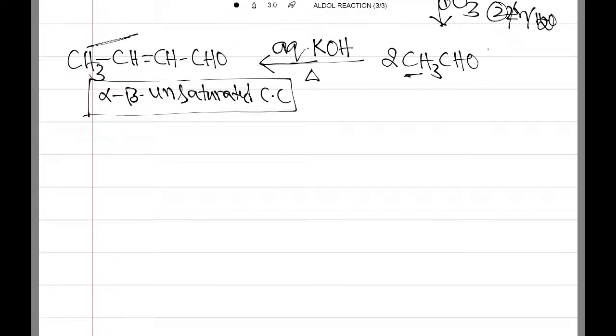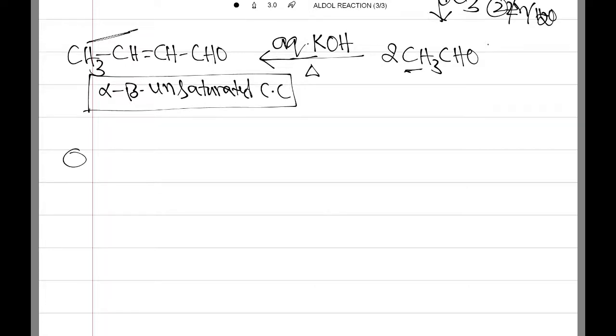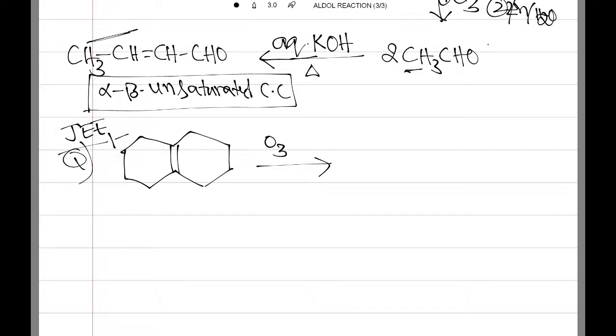So I am taking one more example, so please observe carefully. This is a previous JEE question. If this reactant undergoes ozonolysis first, we can get the A product.